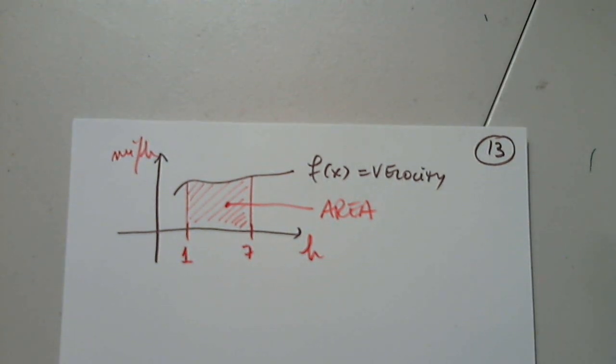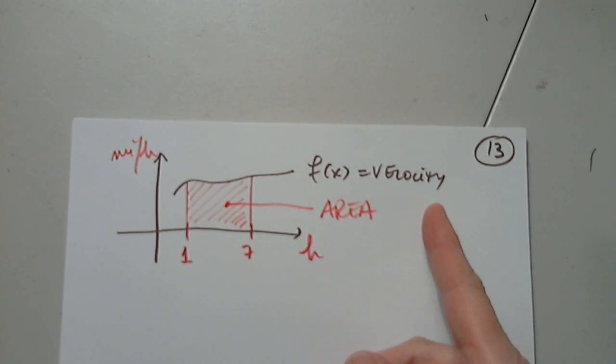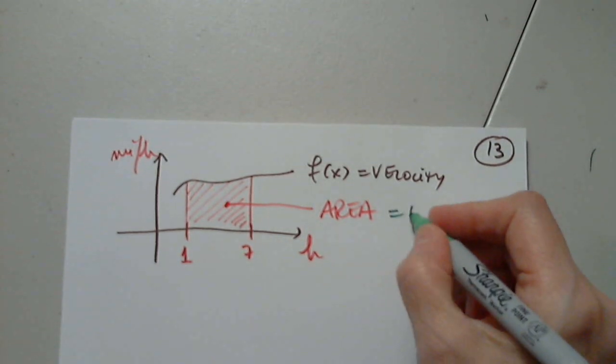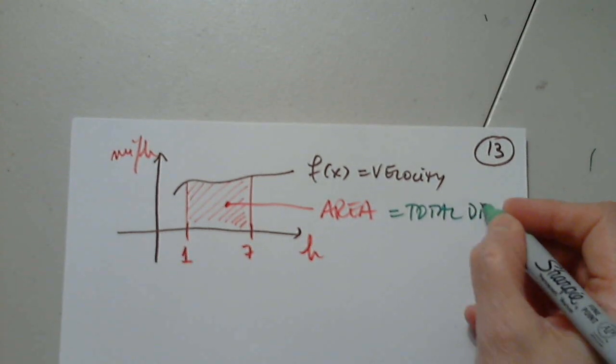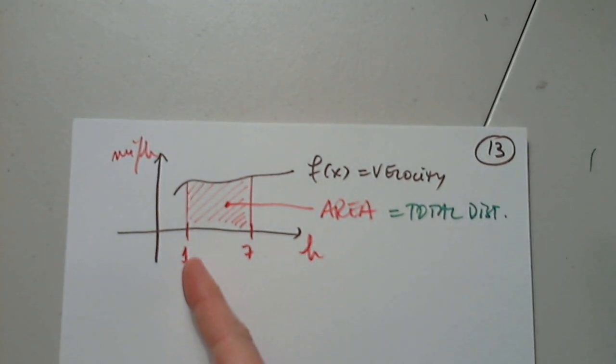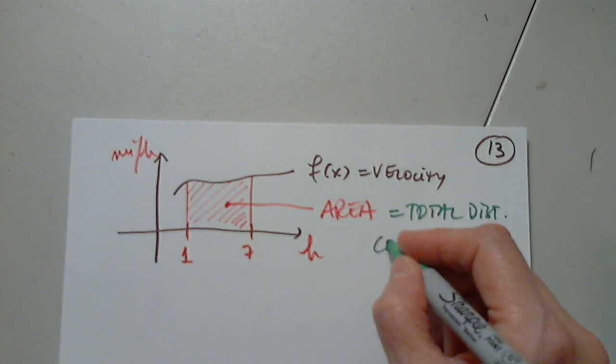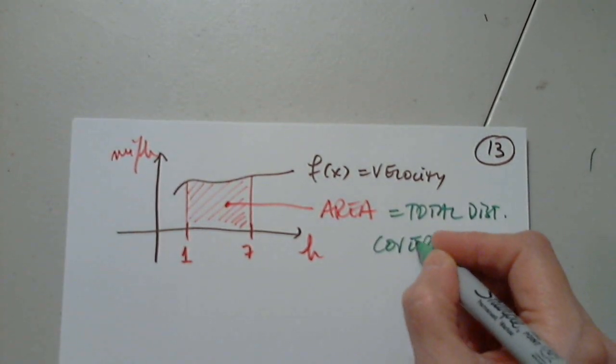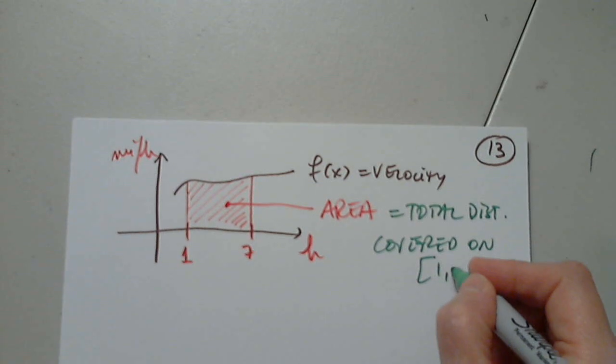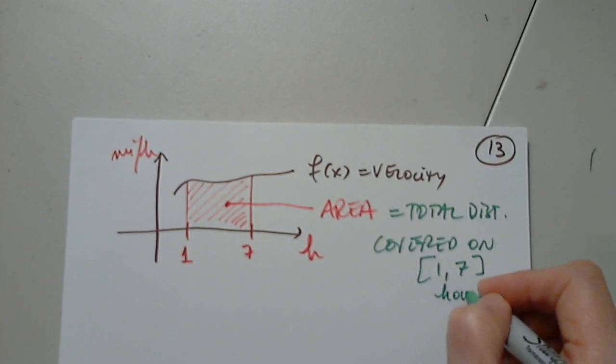And you can say, you lost your mind. Who cares about this area under a velocity function? Well, it turns out that this area is the total distance that I cover driving from 1 to 7 hours.